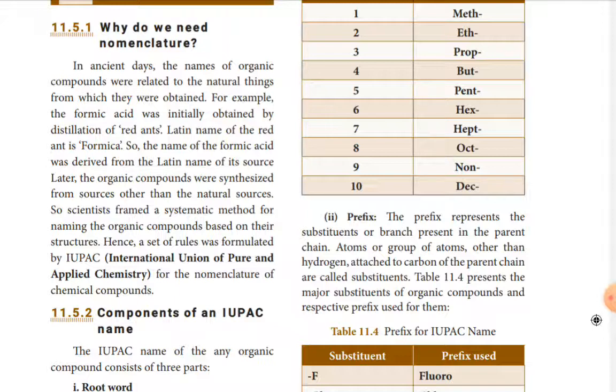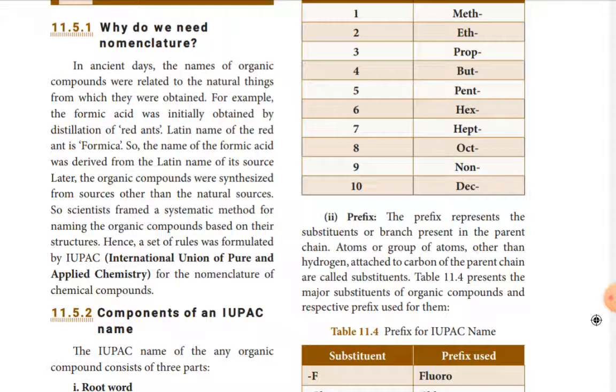Formica means red ant. In those days, formic acid was obtained by the distillation of red ants. But after that, scientists prepared different organic compounds by synthesizing.